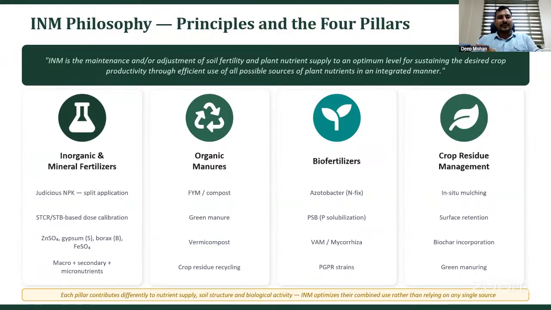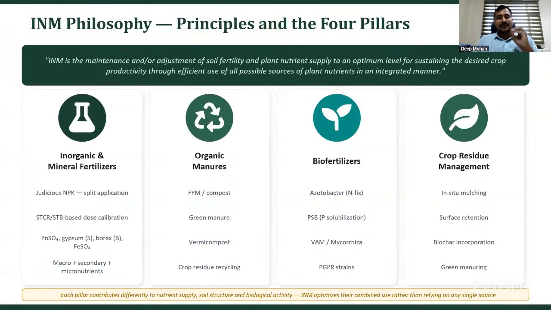There are four pillars of INM. First is inorganic and mineral fertilizers. This includes NPK fertilizers, urea, DAP, MOP, and also the secondary and micronutrients like zinc sulfate, gypsum, borax. All of these come from mineral sources, so we keep them in this pillar.